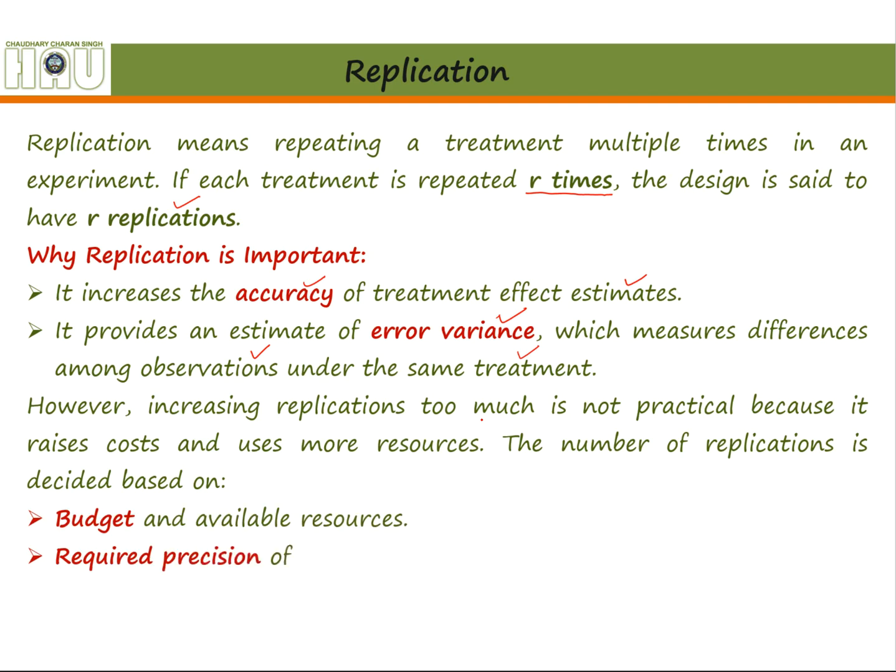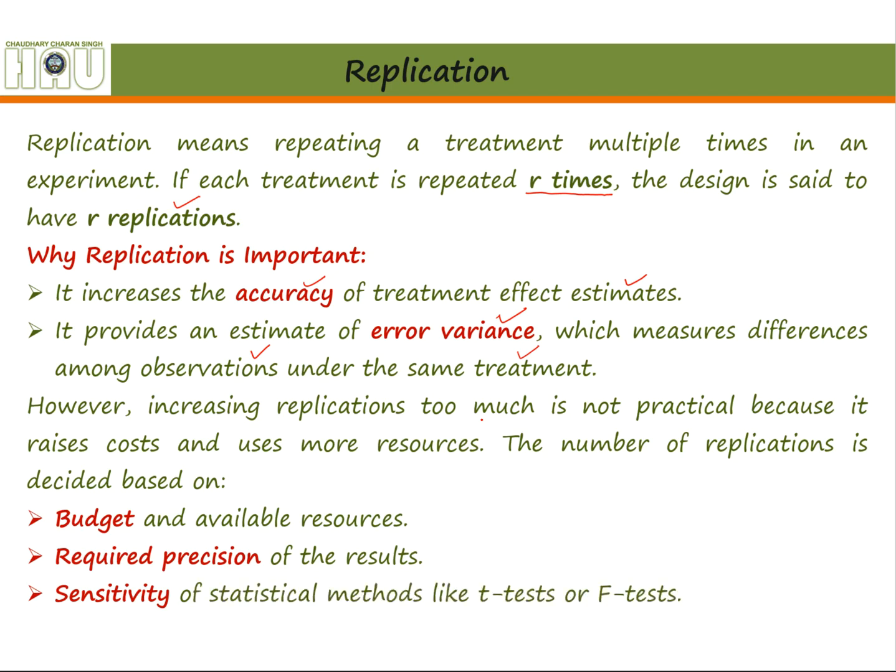Then number two, required precision: what level of precision you want in estimating various effects or results. Then sensitivity of the statistical method like t-test or F-test, because the t-test and F-test both depend upon the number of observations or the number of degrees of freedom. So if the number of treatments is less, the error degrees of freedom are obviously less.